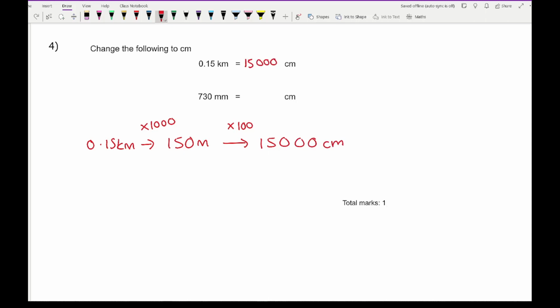Then converting millimeters into centimeters, what we need to do to get from there to there is divide by 10, and 730 divided by 10 is going to be 73.